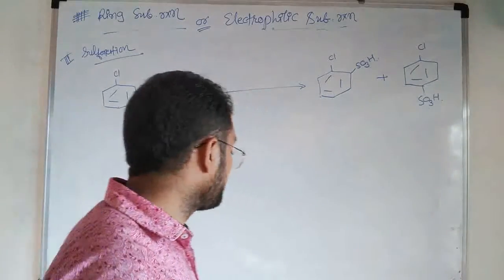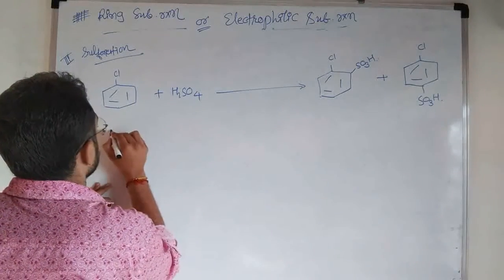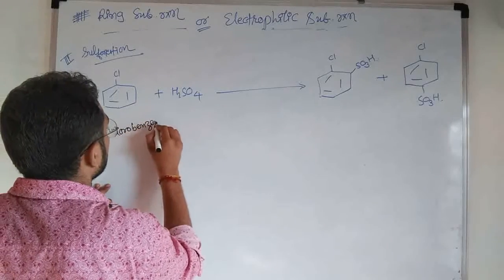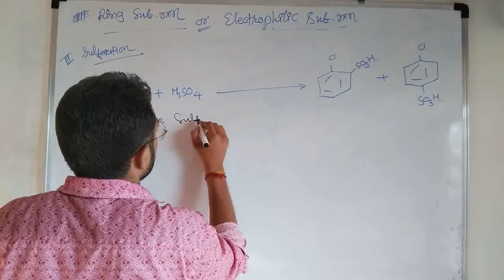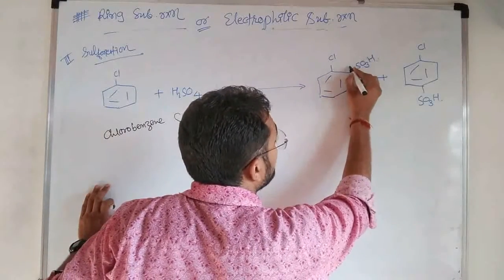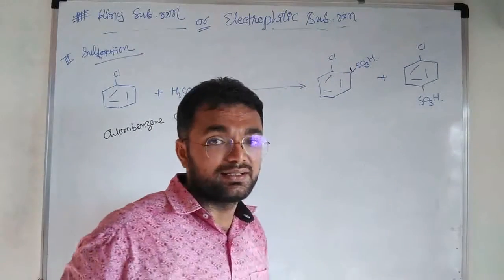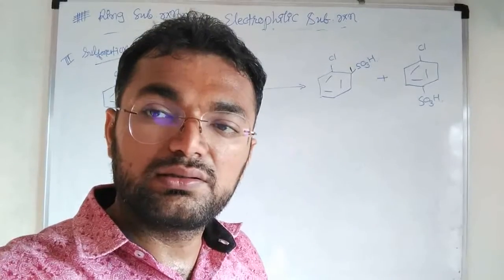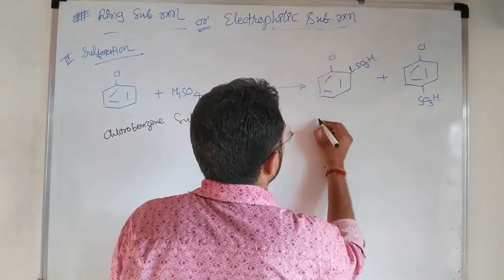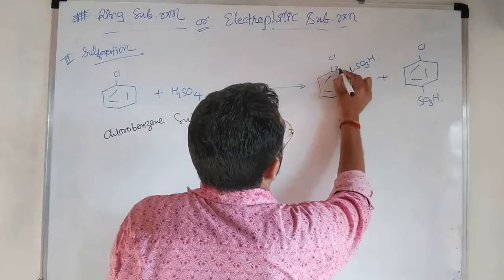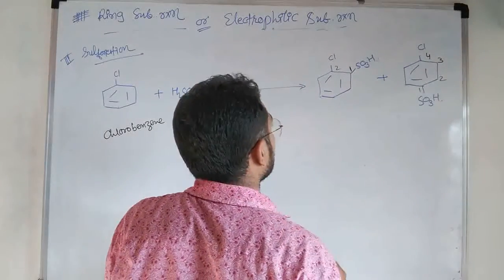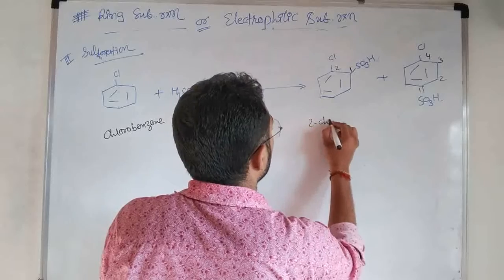On the basis of priority, this is chlorobenzene plus sulfuric acid; numbering starts from here because sulfonic acid is considered the boss here, 1 2, here 1 2 3 4.